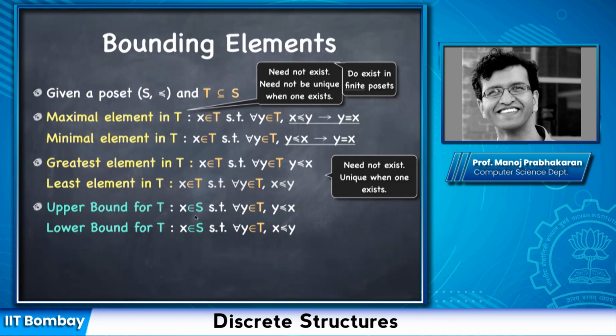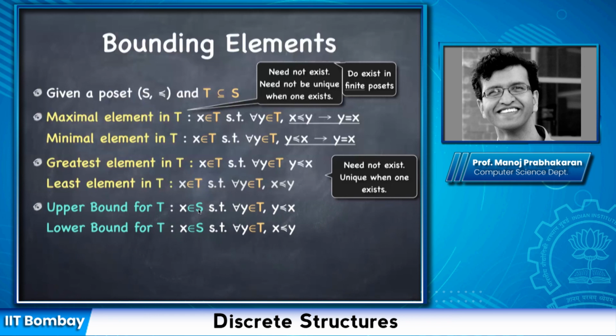For x to be an upper bound for T, it has to be the case that every y in T satisfies y less than or equal to x. Okay, so x has to dominate, or x has to be above every element. x could be in the set T, in which case it would also be the greatest element, but x could also be outside the set T. Okay, so there could be many upper bounds for a set T.